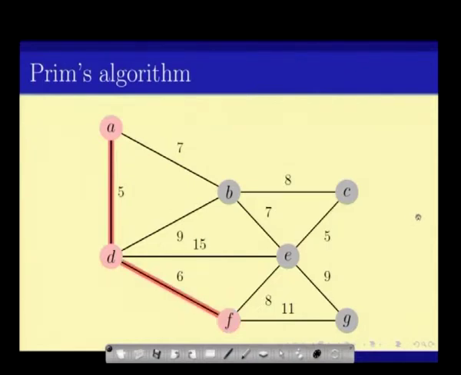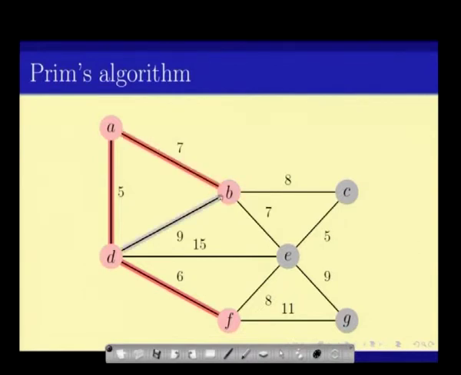When we pick that edge, we again color the vertex that we have seen red. Now, the vertices that we have seen are A, D and F. We look at the edges that go out of A, D and F, and in this case they are 11, 8, 15, 9 and 7. So, it must be the edge 7, and we pick that edge 7.